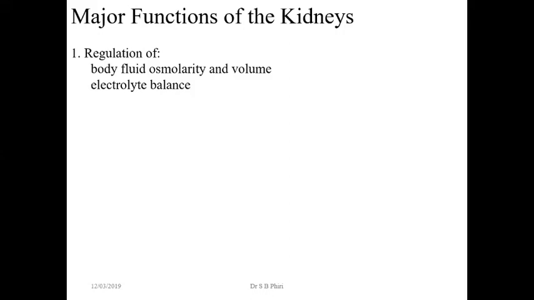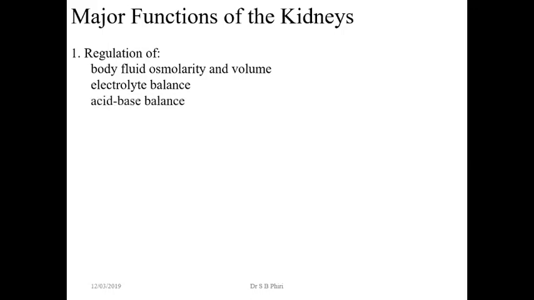Regulation of electrolyte balance. Those electrolytes, the dissolved solutes in water, are also controlled by the kidneys. Remember, the kidneys are involved in filtration, secretion, and reabsorption. Those three processes can bring about balance or regulation of these electrolytes.